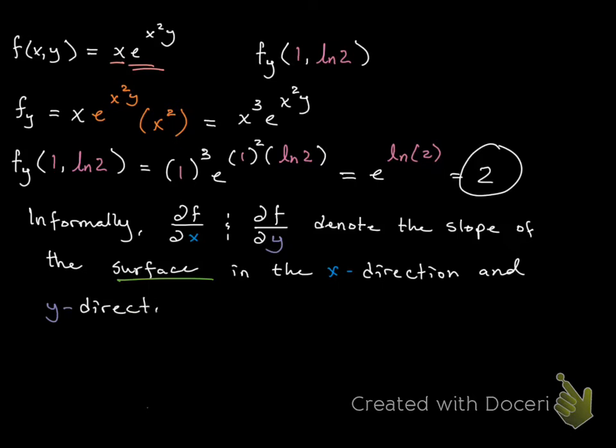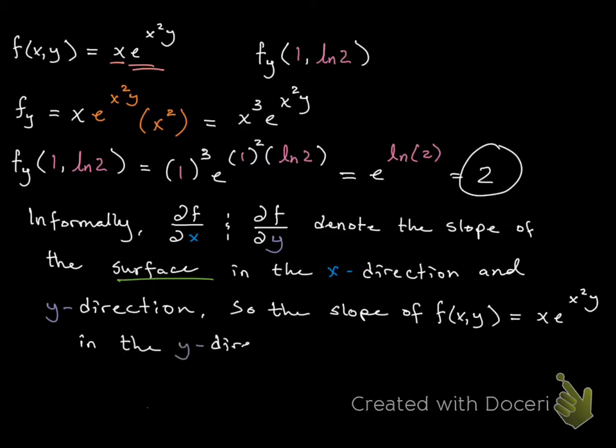Okay? So really, what's going on is slightly different. So the slope of f of x y, the function that I used in this last example, in the y direction is just 2 at the point 1, natural log of 2.